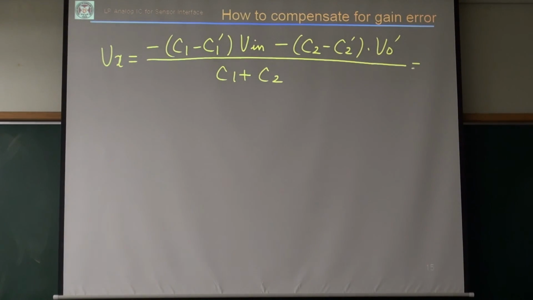This Vx equation should be Vo prime over A or something like that. Then can I write something here? Pretty complex, right? So I can write the Vx in terms of some function of V in. Then you can find out whether this one compensates the gain error or not. Pretty complex.